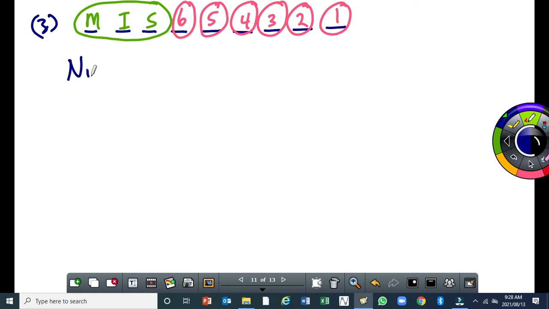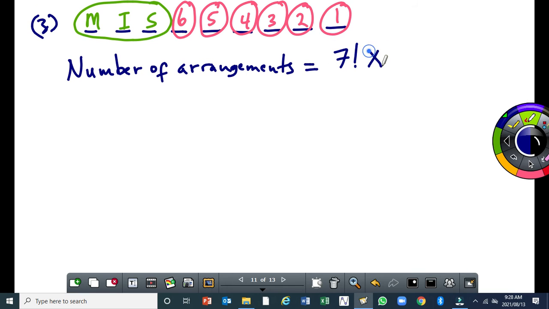So the number of arrangements will be equal to, let's start with the circles. How many of them? Seven. So it will be 7 factorial times these three, the M, the I, and the S, they can also swap around among themselves. So that will be times 3 factorial.